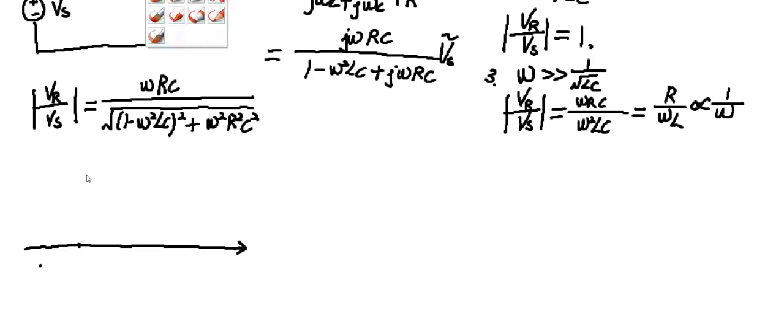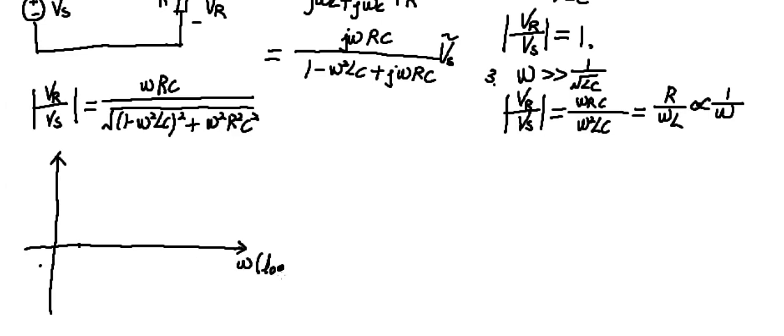So for both the x-axis and y-axis, we use log. So this is omega, remember it's on log scale, and then this is VR over Vs, which is also on log scale.